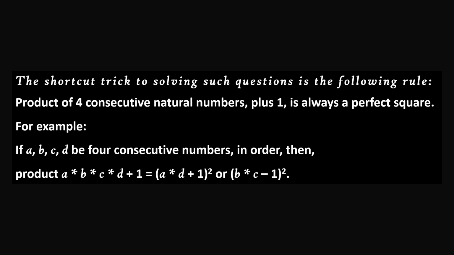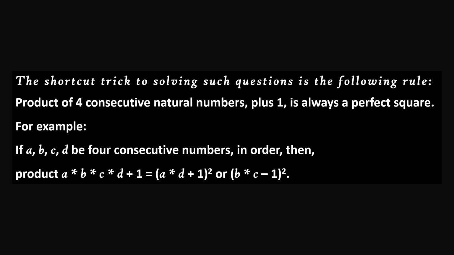So if A, B, C, D be any four consecutive numbers, it may be 10, 11, 12, 13, or 25, 26, 27, 28, then the product A into B into C into D plus 1 will be a perfect square. That will be equal to either A into D, the smallest and the biggest, plus 1, whole square, or the middle two numbers, B into C minus 1, whole square.